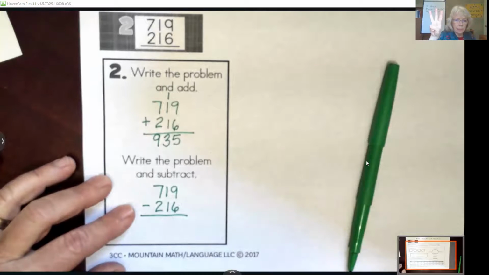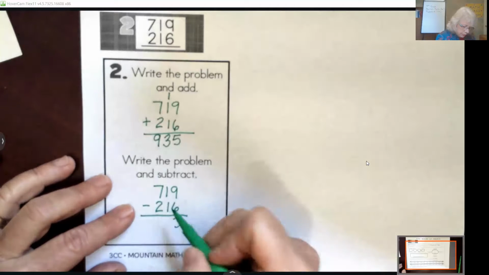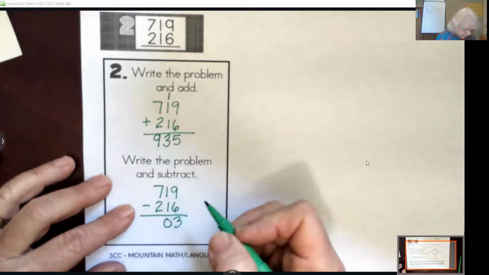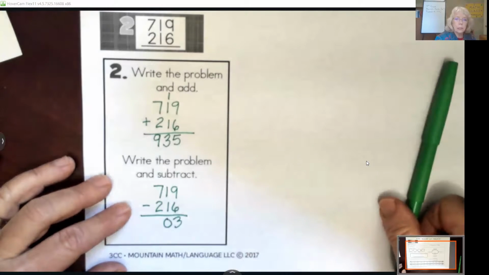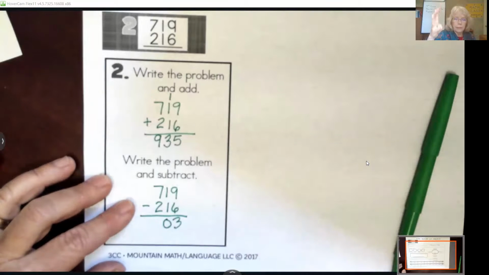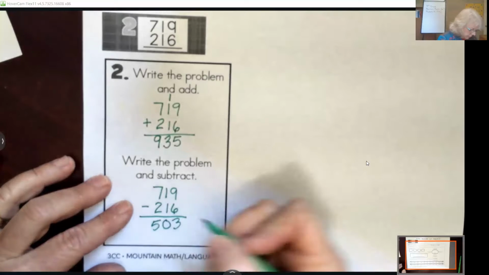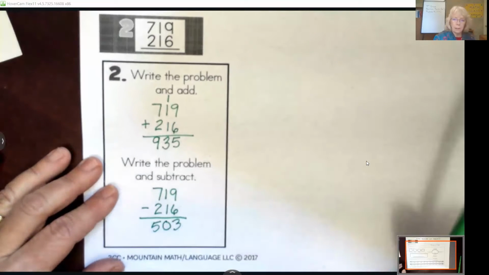How many fingers did it take? 3. So 9 take away 6 is 3. 1 take away 1 is 0. And 7 take away 2, I could count up from 2. 3, 4, 5, 6, 7 is, I got 5 fingers. So my answer is 503.